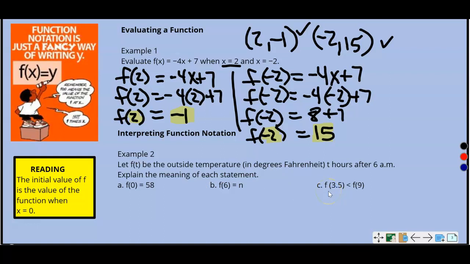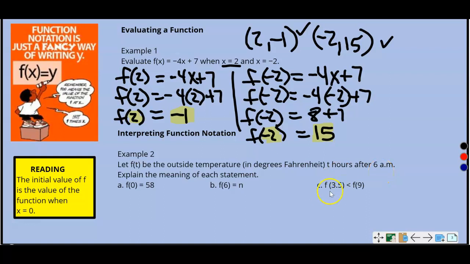All right, part C. What does f of 3.5 less than f of 9 mean in this scenario? Again, it says let f of t be the outside temperature in degrees Fahrenheit t hours after 6 a.m. So 3.5 hours after 6 a.m. would be 6, 7, 8, 9:30.